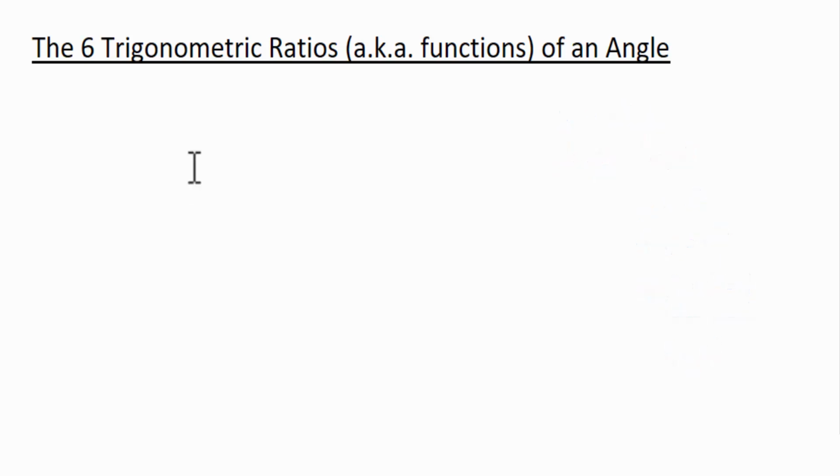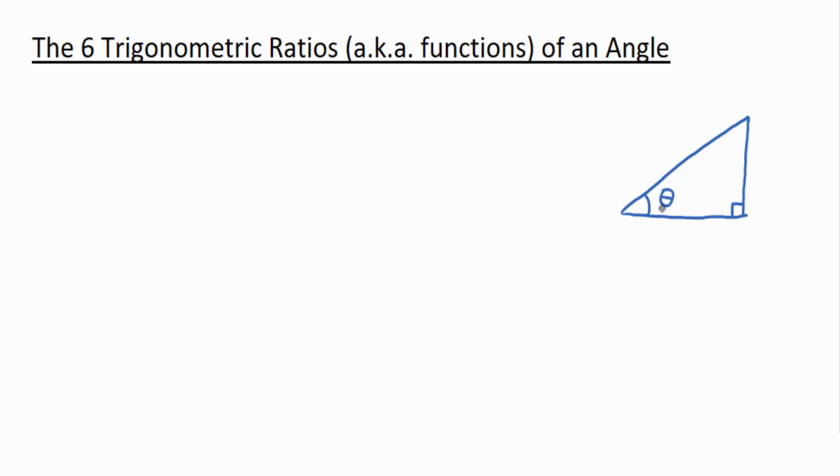So let me attempt to draw a little right triangle for you so that we can refer to this thing. There's the right angle. And I'm going to stick in an angle denoted by a Greek letter, theta. And that's going to be the input.